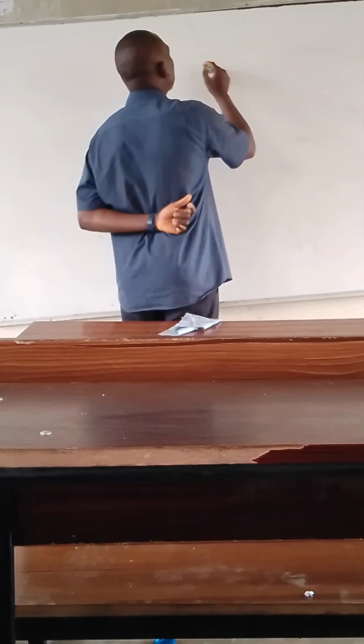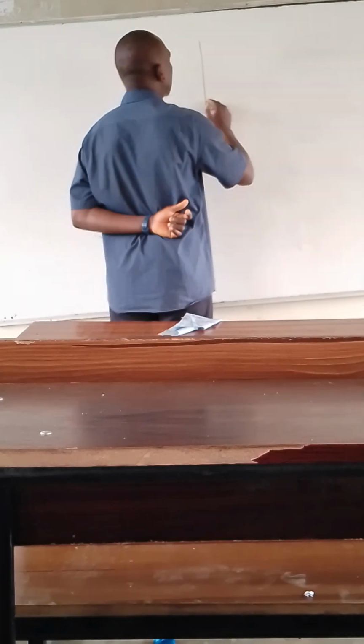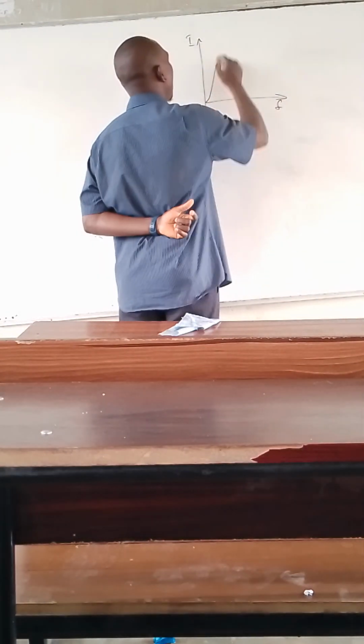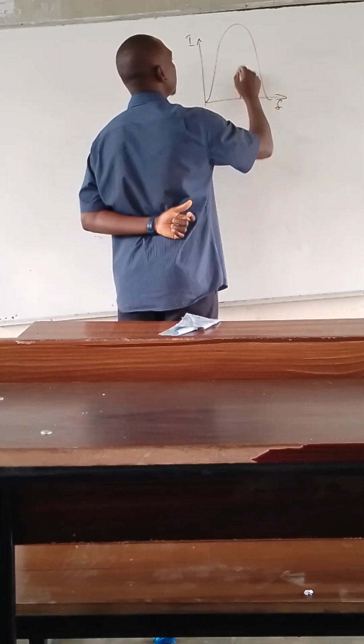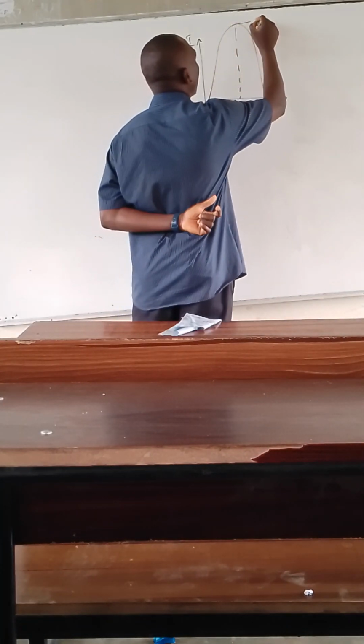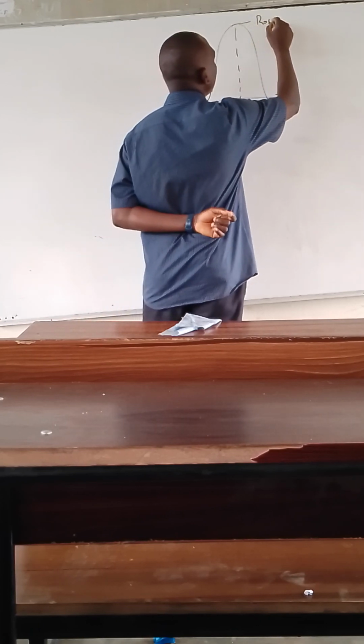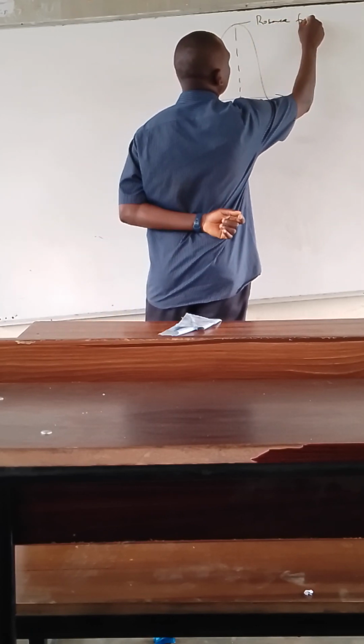And here you are plotting I over F. So here is our fundamental frequency, or we say resonance frequency. We call it resonance frequency.